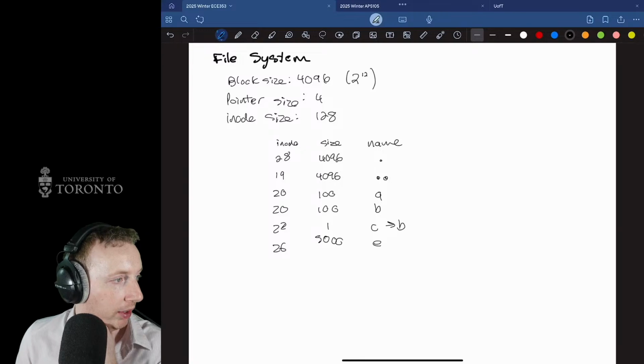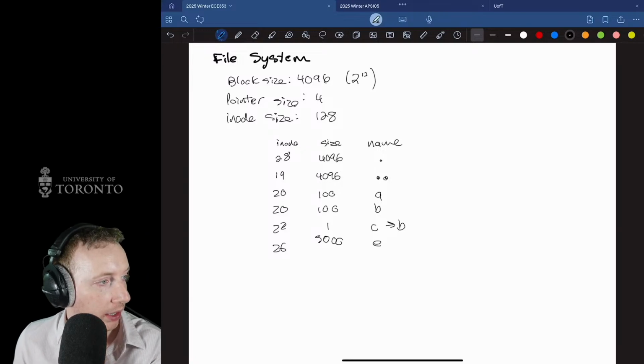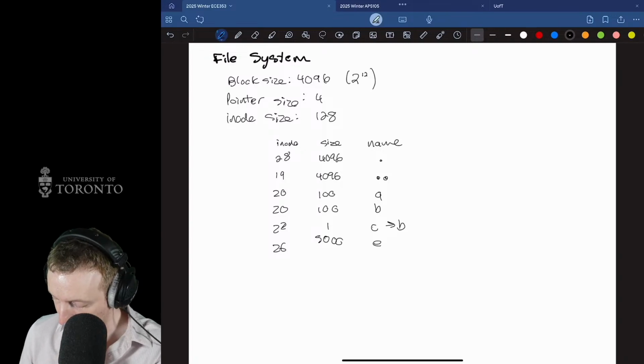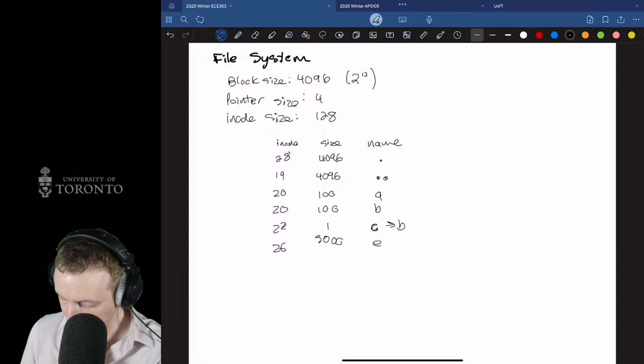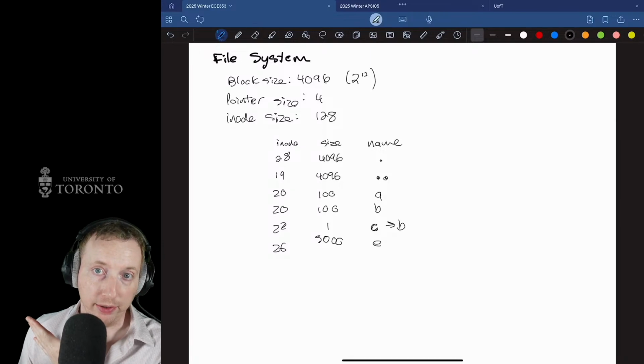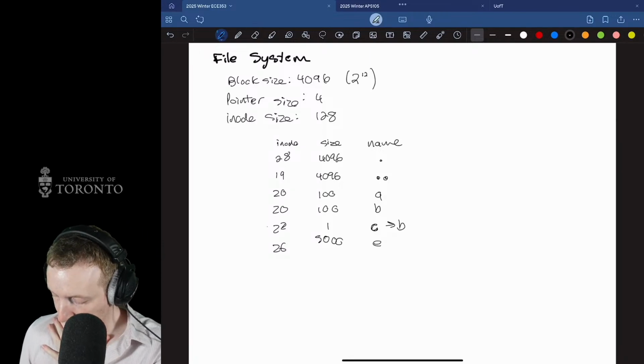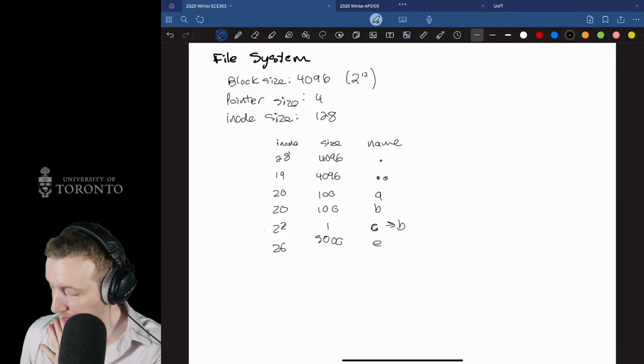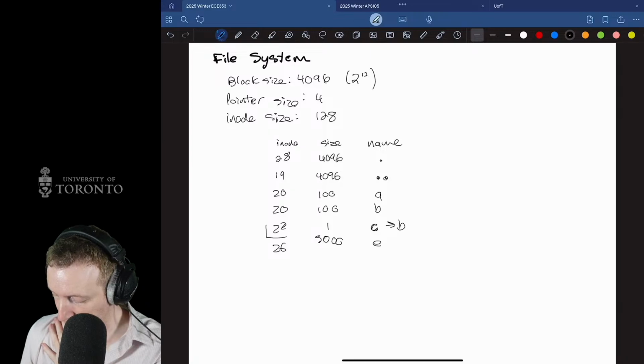The first question says, when editing file C, which inode's contents are modified? When we modify C, it is a soft link. Hopefully you've done lab 6 or attempted it by now. For the symlink, the name that C refers to, which is B, is stored on inode 22.